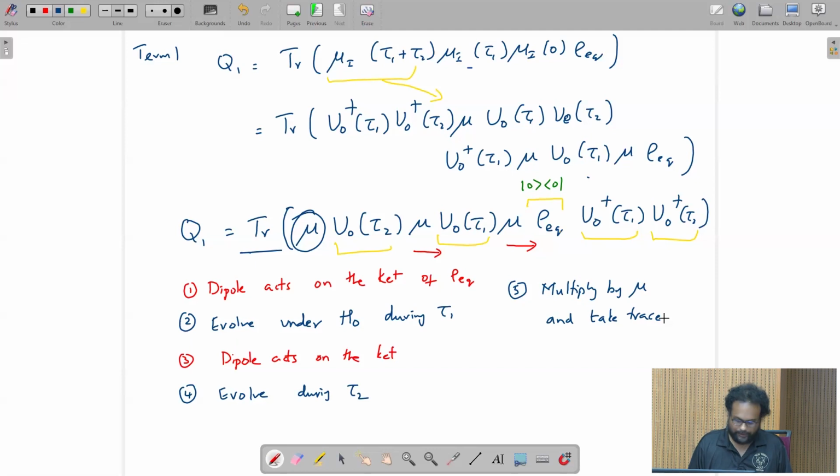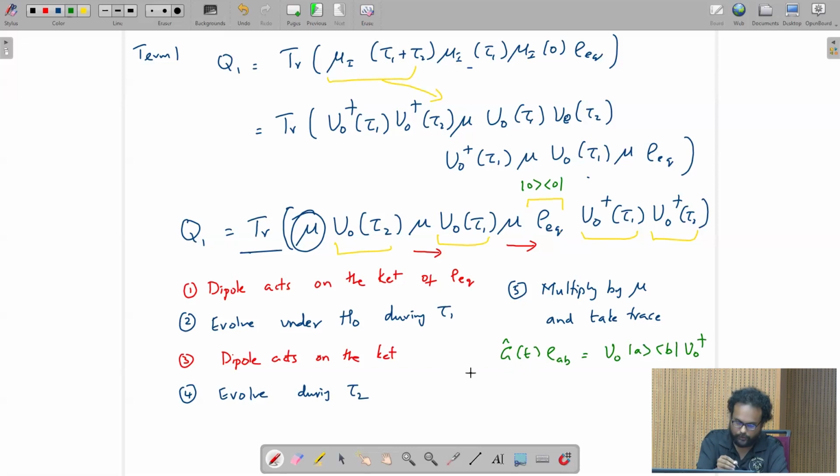Right? Okay, good. So I can also make this expression even more compact. I can define a superoperator called G, acting on some A as U naught A U naught dagger.